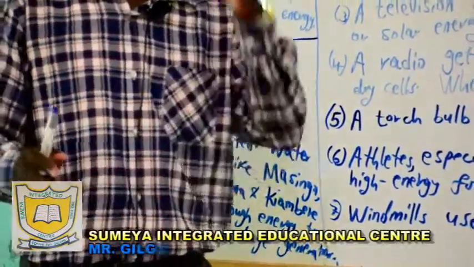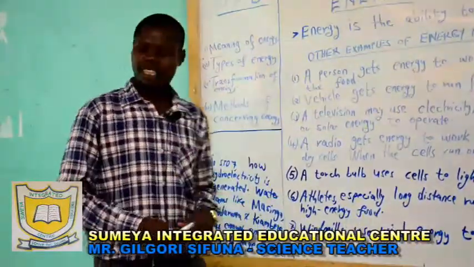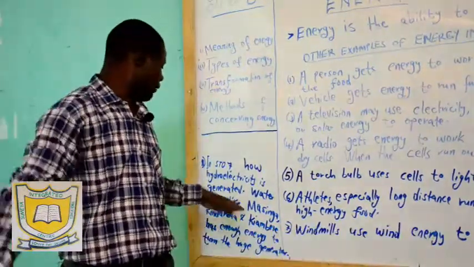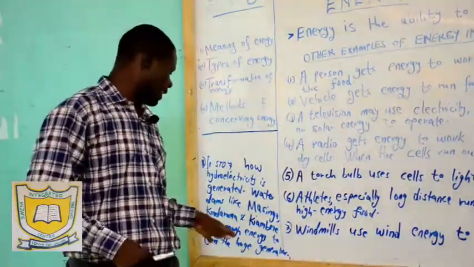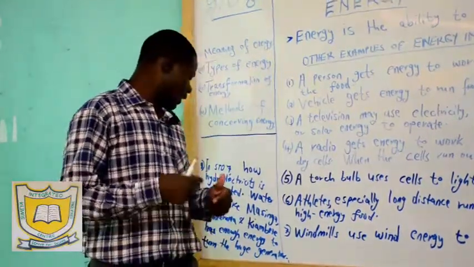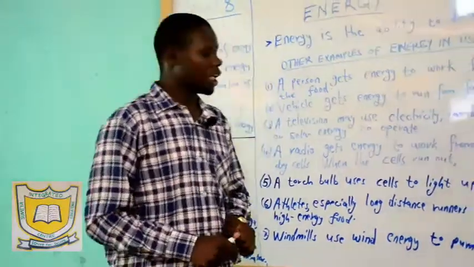That is hydro. The electricity that is used here in Garissa has its source along the dams that are in River Tana. We have mentioned some of them: Masinga, Kindaruma, and Kiambere are dams that provide energy to run the generators that produce electricity.